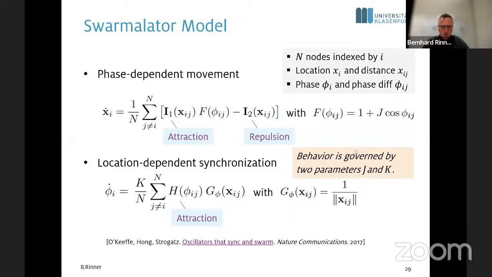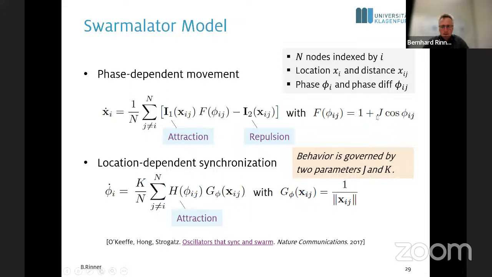Right? So this swarmalator model contains two key ingredients. The first one defines this phase-dependent movement. Okay, so here we have the first derivative of the position of an agent, basically the velocity, and the velocity is defined by the attraction, which is measured by how close the agents are, and the repulsion. So there are these two forces, and the attraction is then multiplied with this factor.